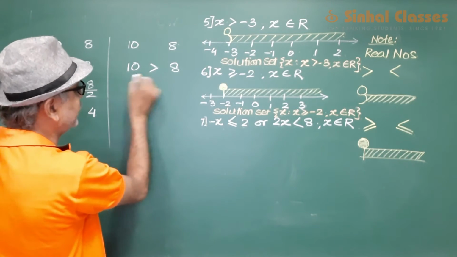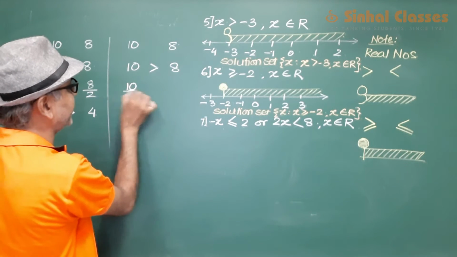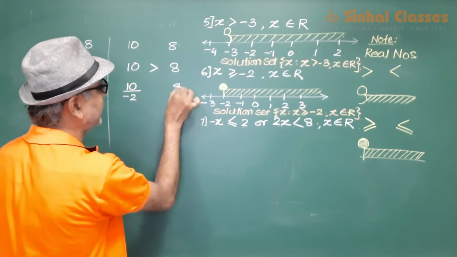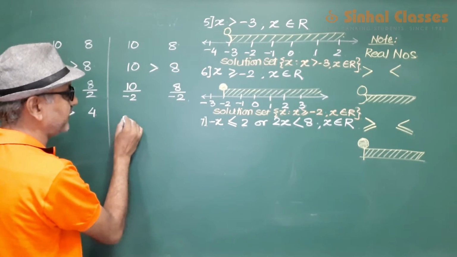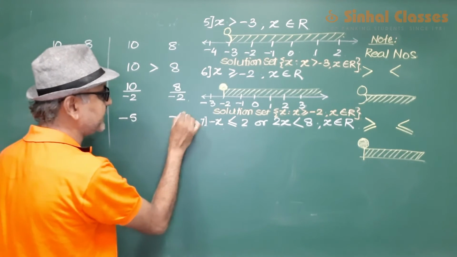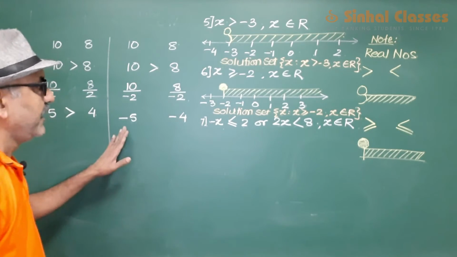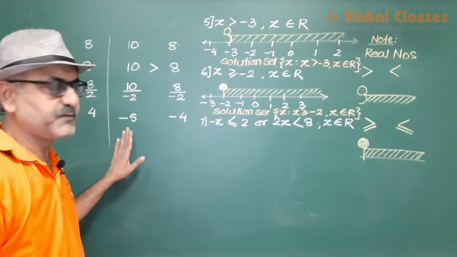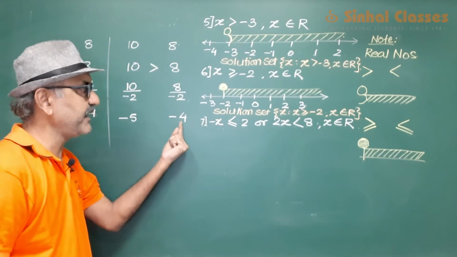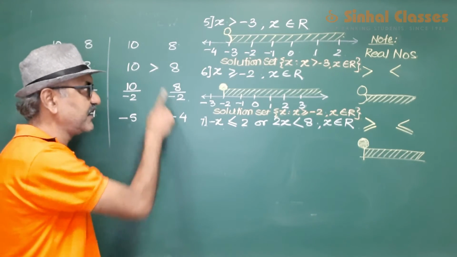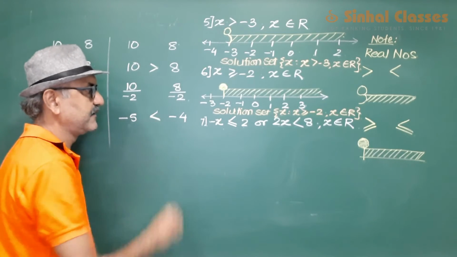But now when you divide both sides by a negative number, what do you get? -5 and -4. And when you get -5 and -4, you find that now -5 is lesser than -4. This is smaller and this is bigger. So the order relation changes.